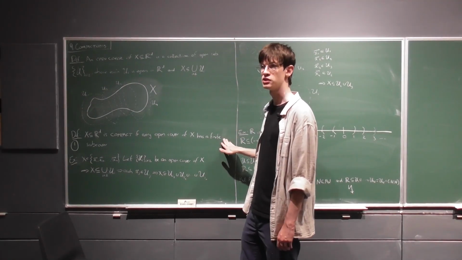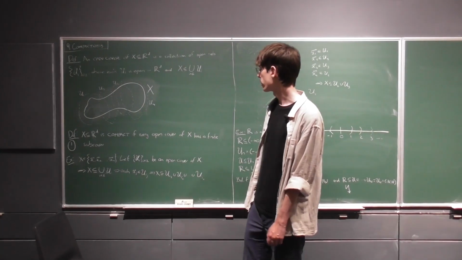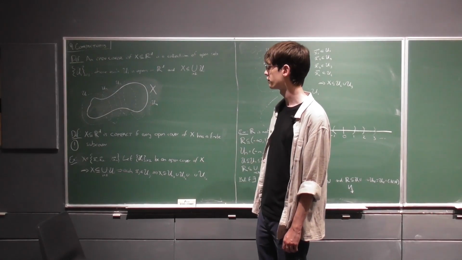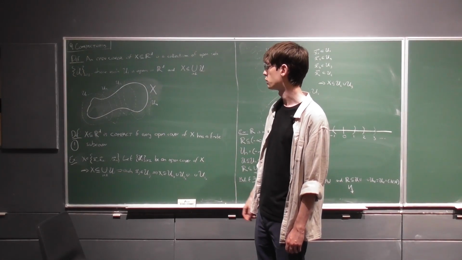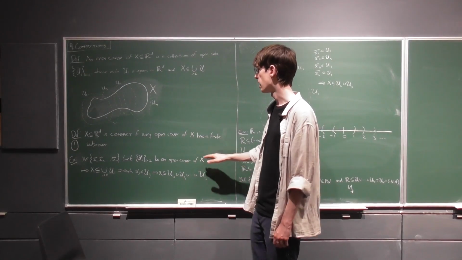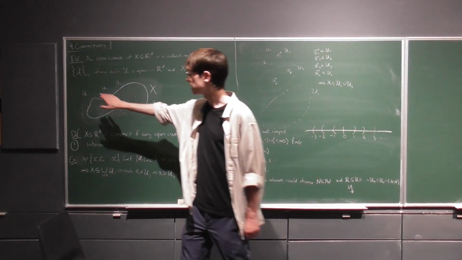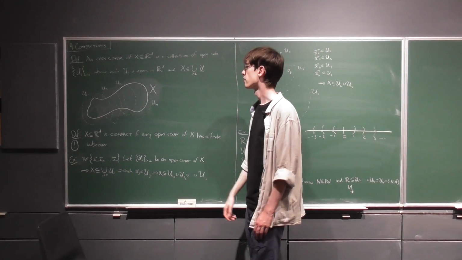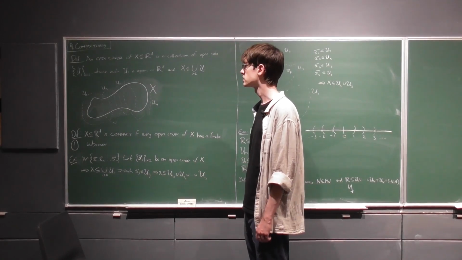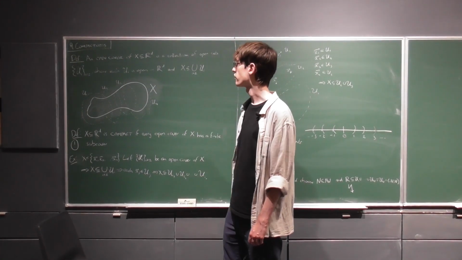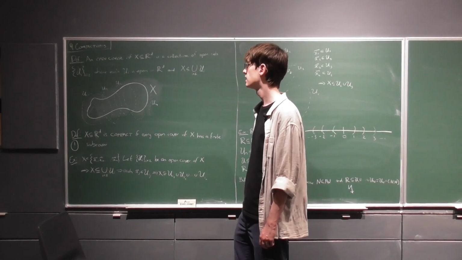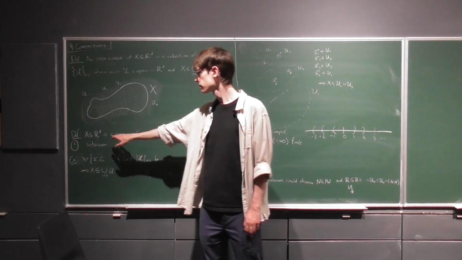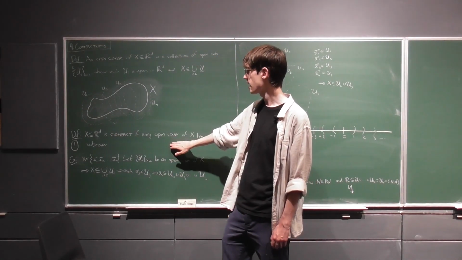A finite subcover just means that if we look at the open cover, we can take finitely many of the open sets in that open cover, and that will form a new open cover of X. So that just means that there has to be some finite subset of this capital I, where if we take just the sets which are indexed in that finite subset, then that would still form an open cover of our set X.